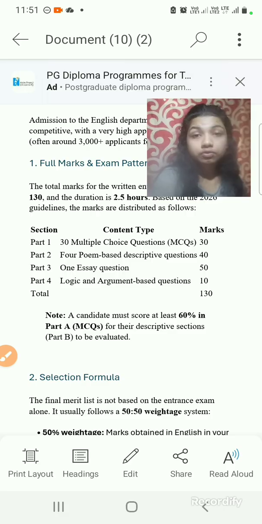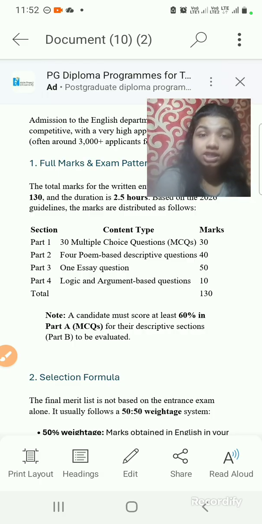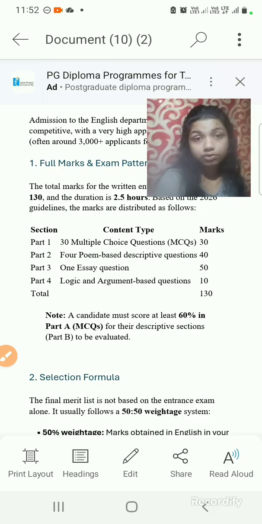So you have understood it's a competitive exam, but I am telling you it's not tough to qualify if you believe in yourself, and if you are ready to study literature the way it is supposed to be studied, not by memorizing a note to write in the examination.